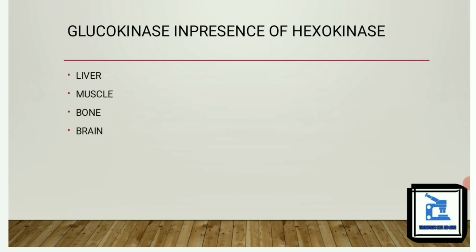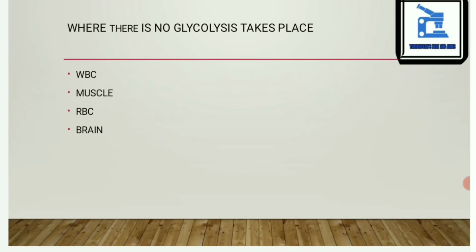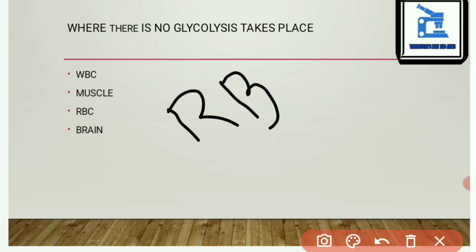Glucokinase in the presence of hexokinase takes place in the liver. Where does glycolysis not take place? RBC, red blood corpuscles.